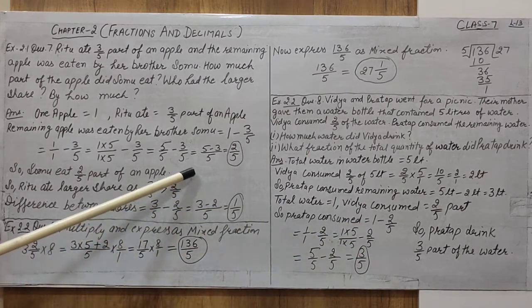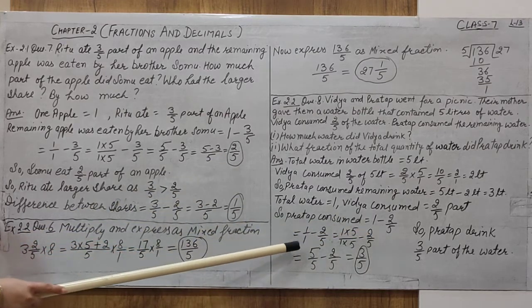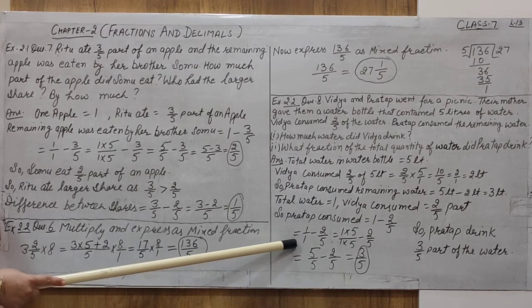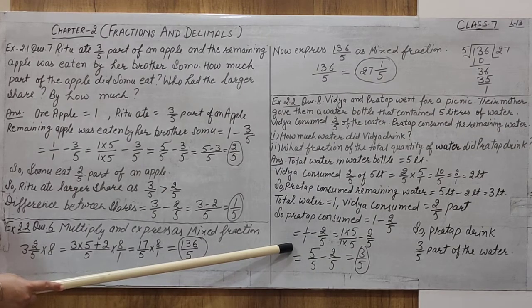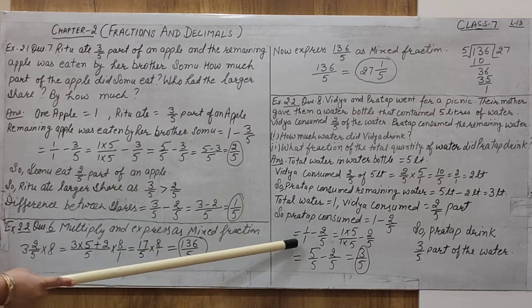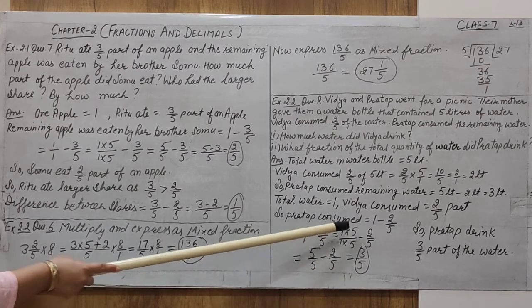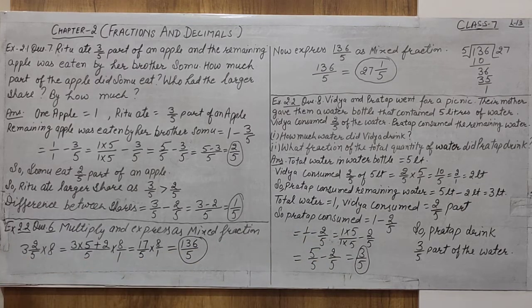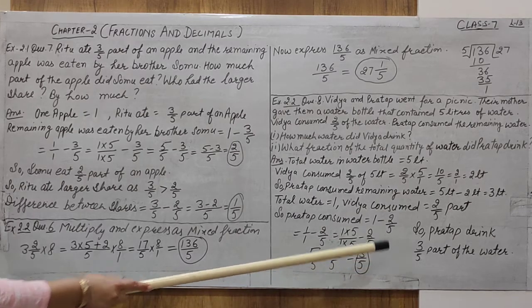In the similar way as we have done in this question, change the whole part into a fractional part by dividing by 1. Now, for subtracting or for addition, the denominators must be similar. To change this denominator, to change 1 into 5, we must multiply the numerator and the denominator by 5. Then subtract 2 by 5.